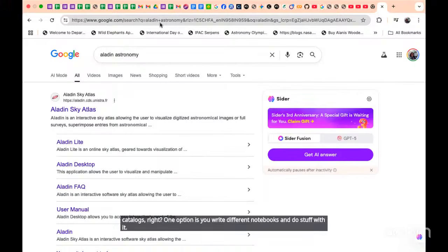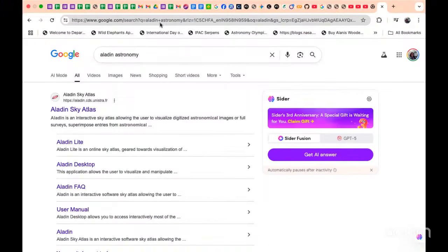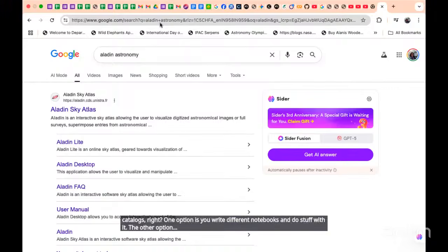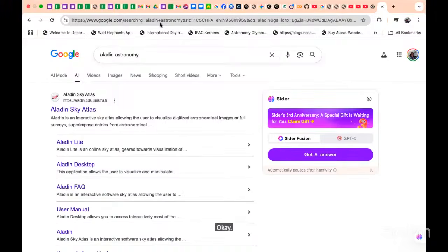The other option is you really manipulate the data, which is in the form of catalogs, in TopCat. Typically, we do it with students who do not know Python, for example.